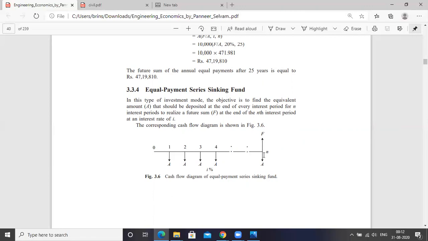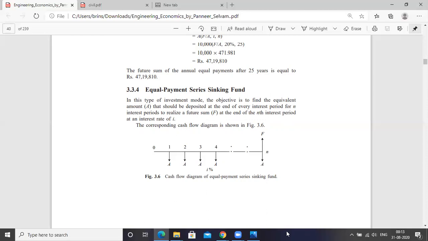Already we know the ratio of future and present, that is F by P is equal to 1 plus i to the power n. I hope you are all well aware of that formula.